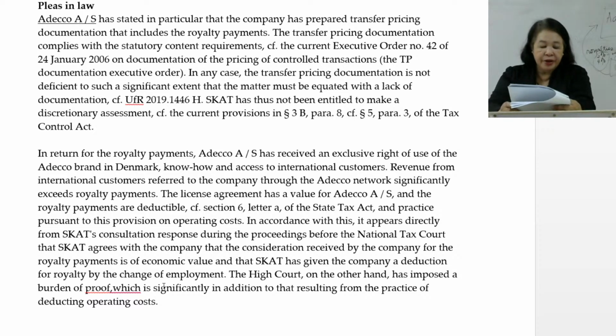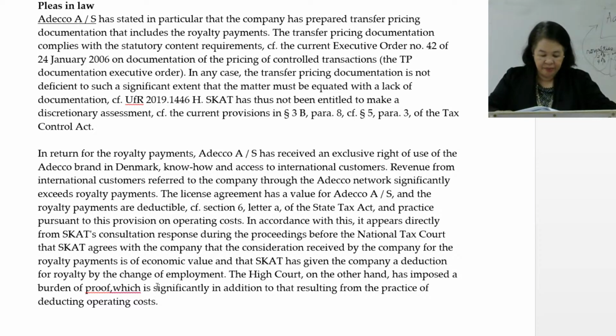In return for the royalty payments, Adecco AS has received an exclusive right of use of the Adecco brand in Denmark. No? Know-how and access to international customers. Revenue from international customers referred to the company through the Adecco network significantly exceeds royalty payments. No? Sobra-sobra yung binabayad.